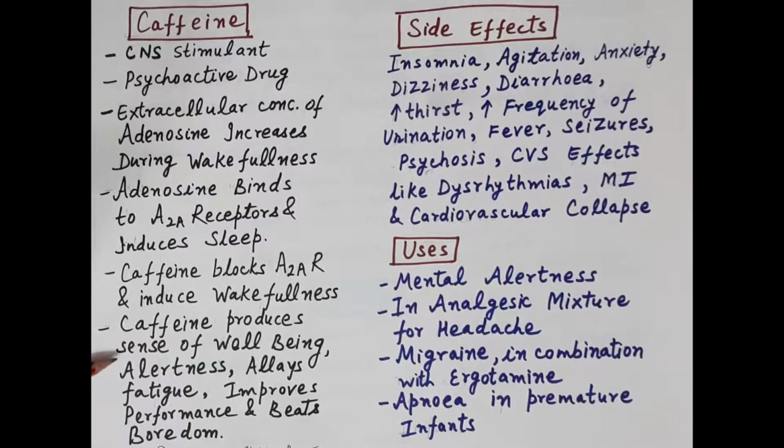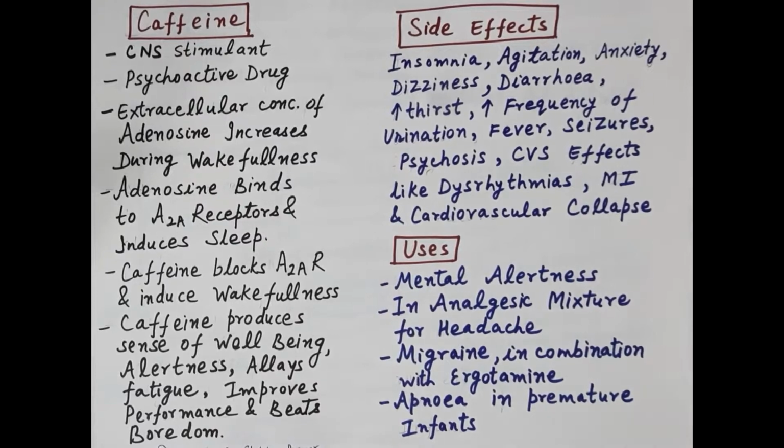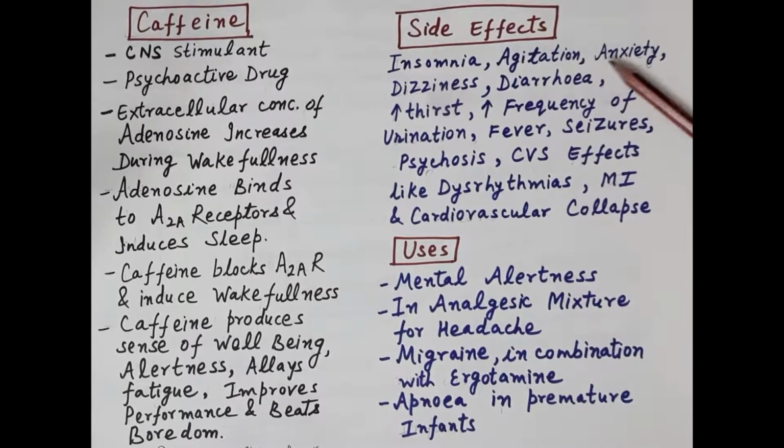So, caffeine produces a sense of well-being, alertness, it allays fatigue, it improves performance, and it also beats boredom. Side effects of caffeine are insomnia, agitation, anxiety, dizziness, diarrhea. It can increase thirst, it can increase the frequency of urination, it can produce fever.